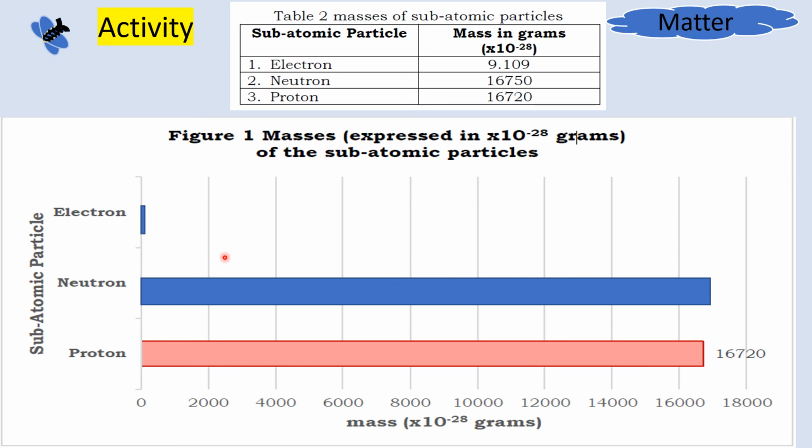So as we can see in the bar graph, the electron is really very light in terms of mass, and protons and neutrons are almost the same in mass, but the neutron is heavier compared to the proton.